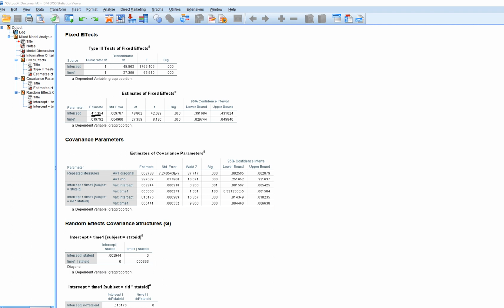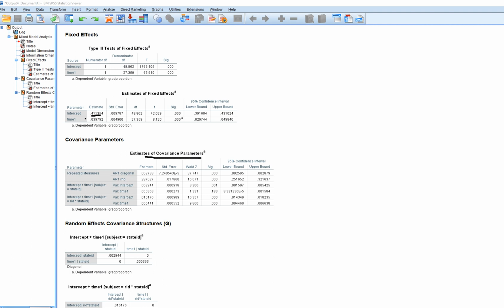So in other words, the average graduation rate across the states is around 41%. Then we also see that we have time emerging as a significant predictor, and so in this case there's a significant relationship between time and graduation proportion, signaling that the graduation rates appear to be increasing over time.